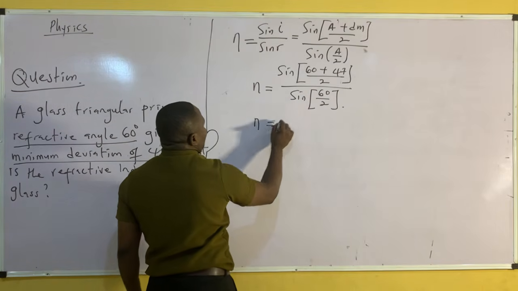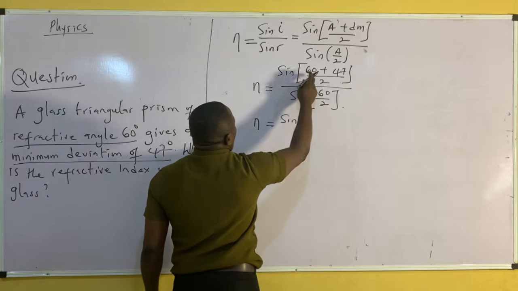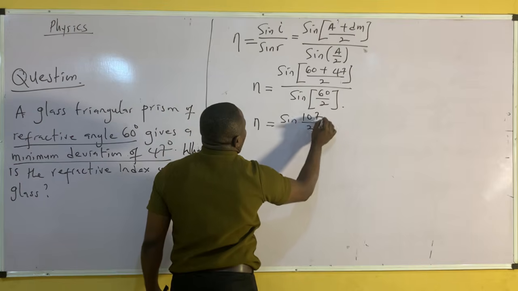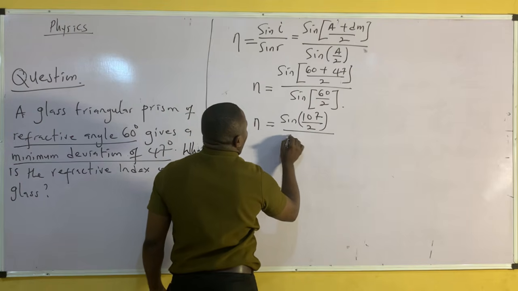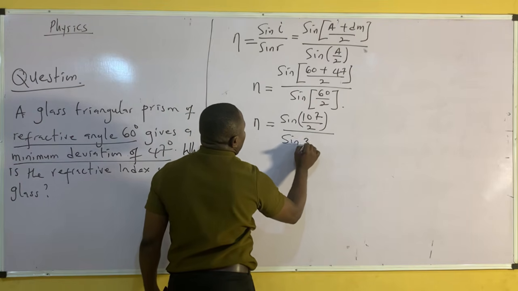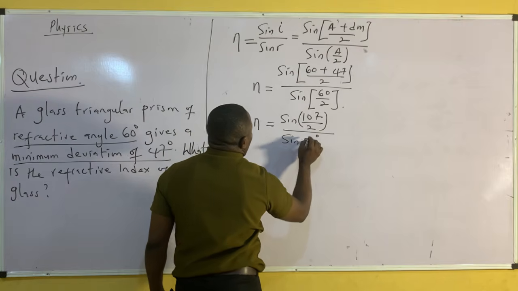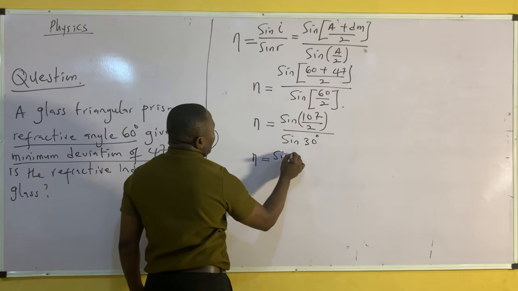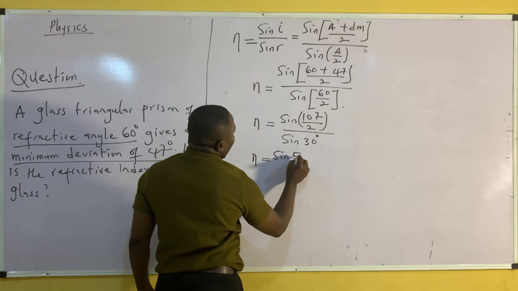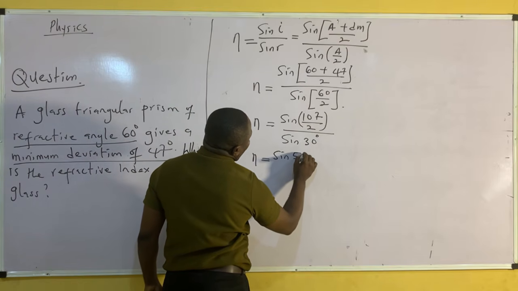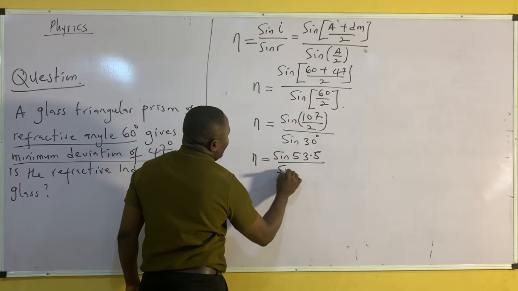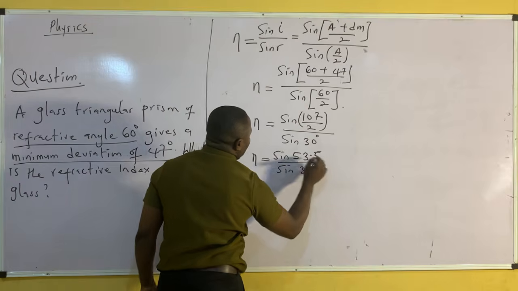Refractive index is now equal to sine of 107 divided by 2, over sine of 30 degrees. So now we have refractive index equal to sine of 53.5 over sine of 30 degrees.